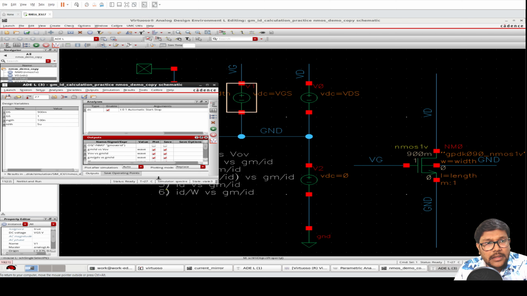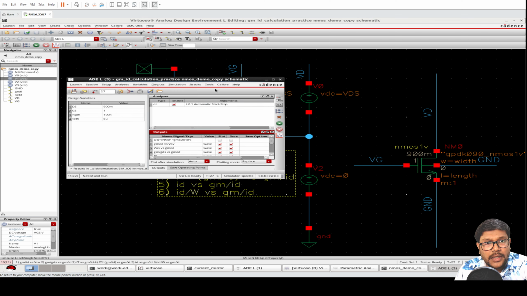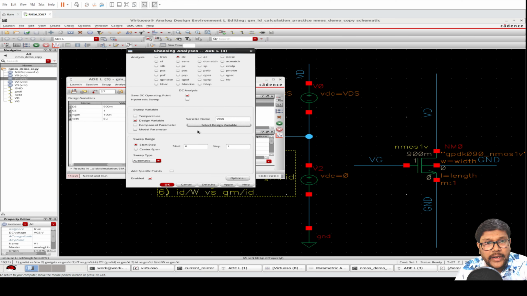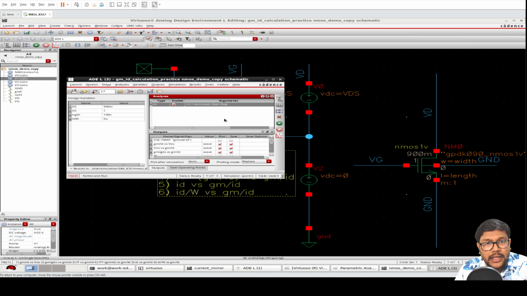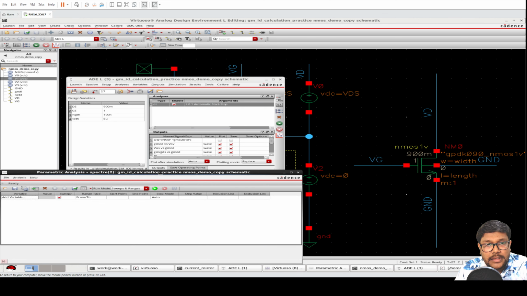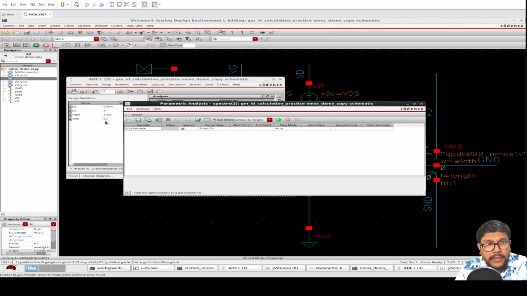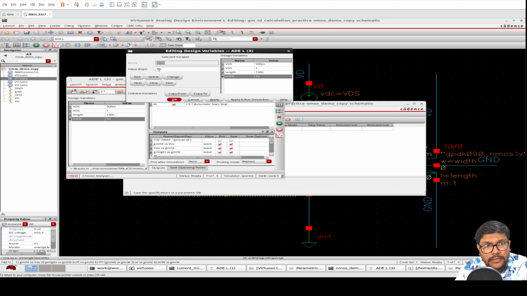Okay, so here you can see all the calculations, and I'm varying my VGS. I'll check the length for which we get a gain of at least 100 in gm/gds, so I'll do a parametric analysis and sweep the length. I have taken the width as 5u, but actually I can put the minimum width instead, no problem with that.